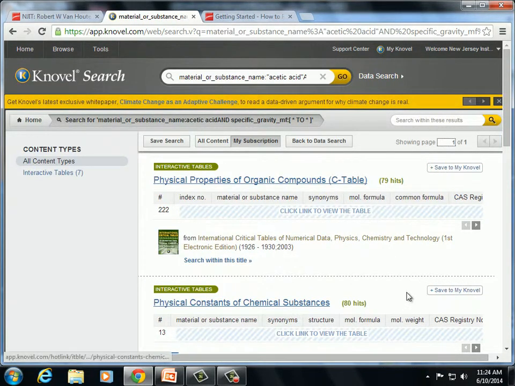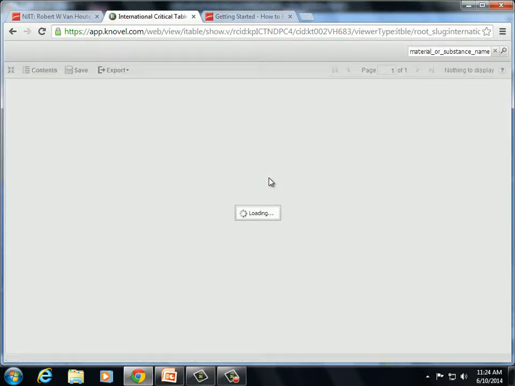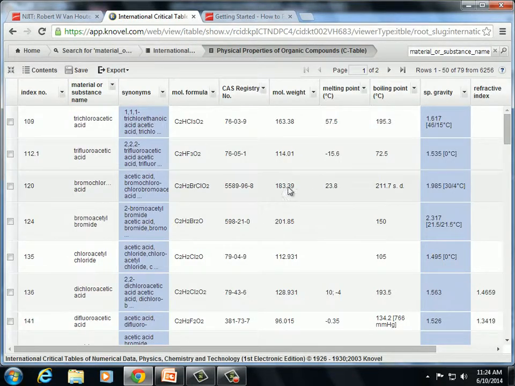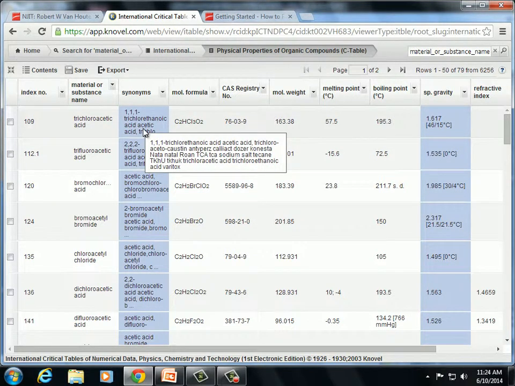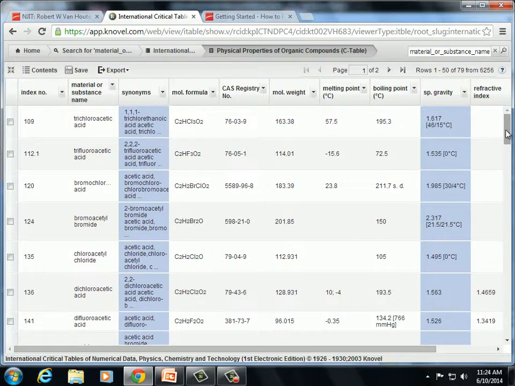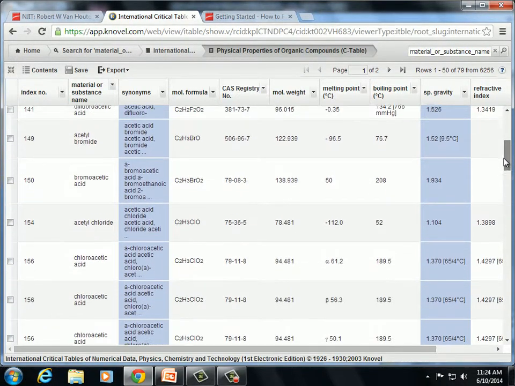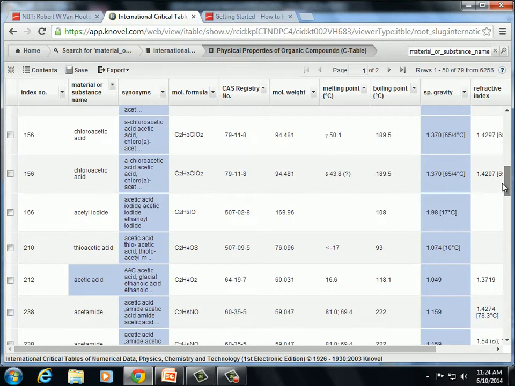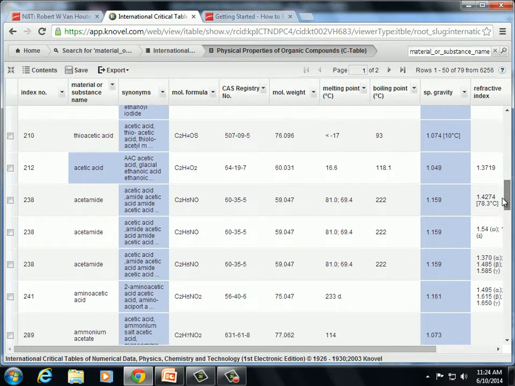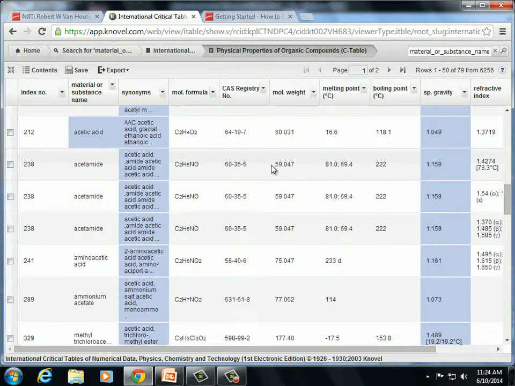So we can click on here, and see, it gives you different substances with acetic acid in there. That's why it's always good to search under the registry number. So here's regular acetic acid, no modifiers.